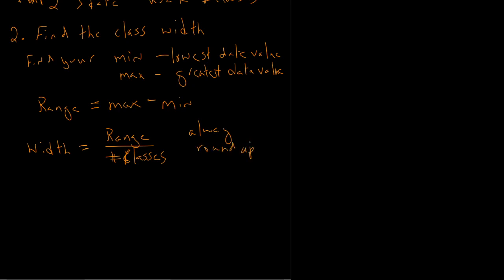The reason for that is we need to give enough room for every piece of data. So if I do this calculation and I get 3.6, that rounds up to 4 normally. If I get 3.2, it still rounds up to 4. We always need the extra space to make sure that we have room for every piece of data.